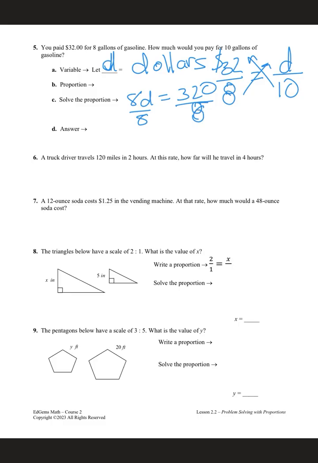I tell you, this is challenging, guys. So multiplying by 8, dividing by 8 cancels out. And what's my answer? 320 divided by 8, I believe, is 40. Again, trust but verify.